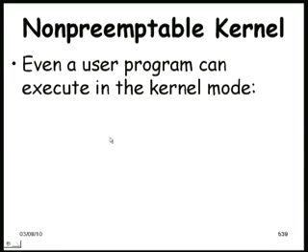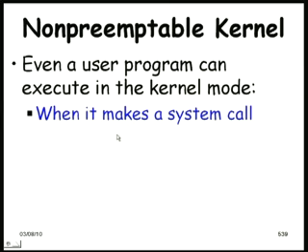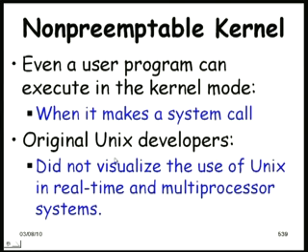Let us look at the non-preemptable kernel part. We had said that even a user program can execute in kernel mode by making system calls, and the original Unix developers did not visualize the use of Unix in real time and multiprocessor systems.